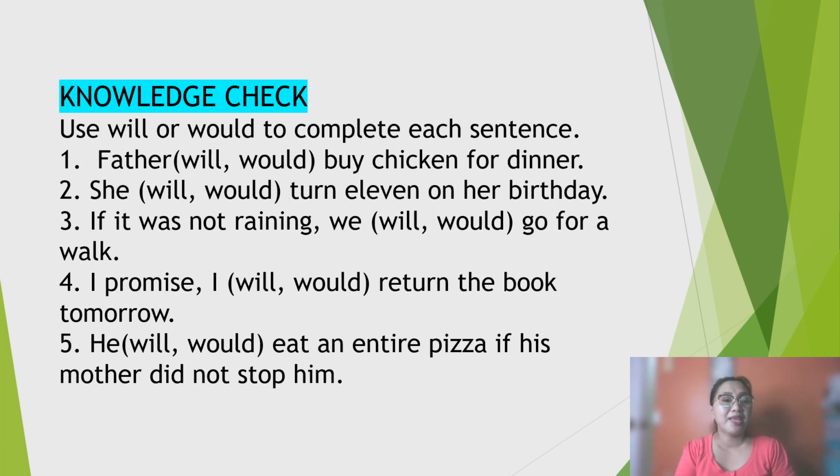Number three, if it was not raining, we would go for a walk. Okay, talking about conditionals. Number four, I promise I will return the book tomorrow. Number five, he would eat an entire pizza if his mother did not stop him. Okay? Okay, so that is the knowledge check.